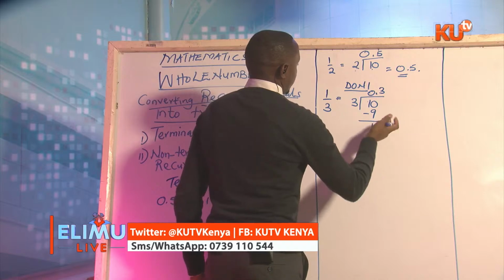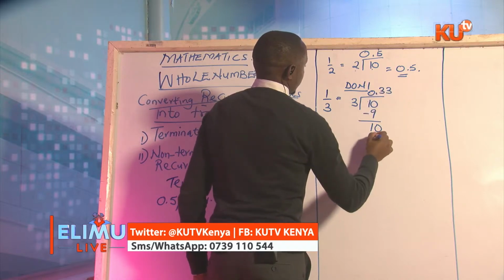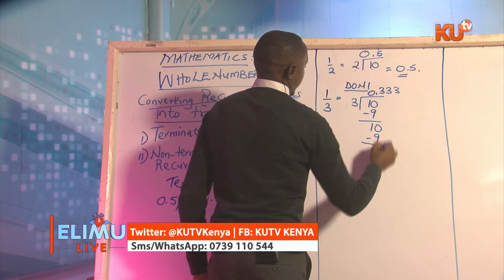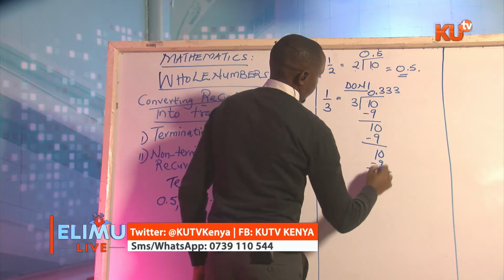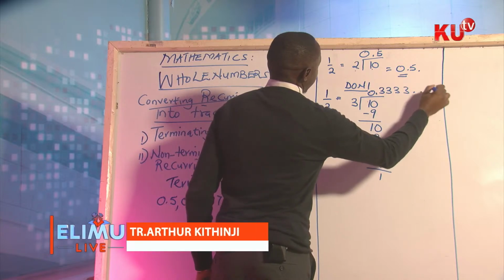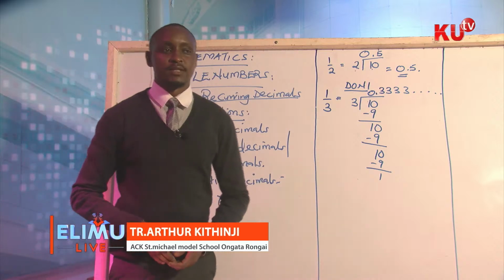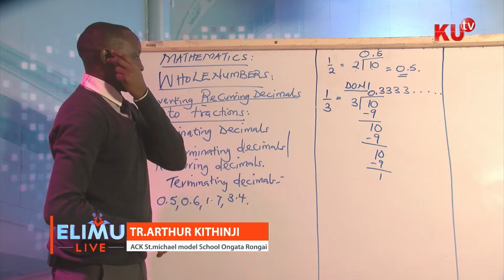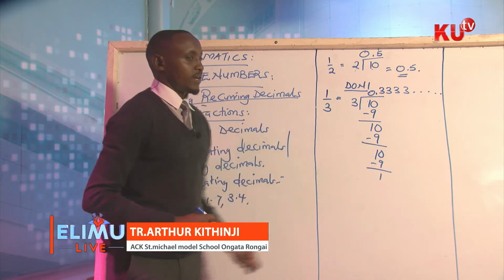And then 1 is not divisible by 3, so you add 0 again, and 3 times 3 is 9. When you subtract, you get 1. Again, we add 0, then 3 times 3 is 9. When you subtract, you get 1. This will continue like that indefinitely, making it what we call a non-terminating decimal, or a recurring decimal.